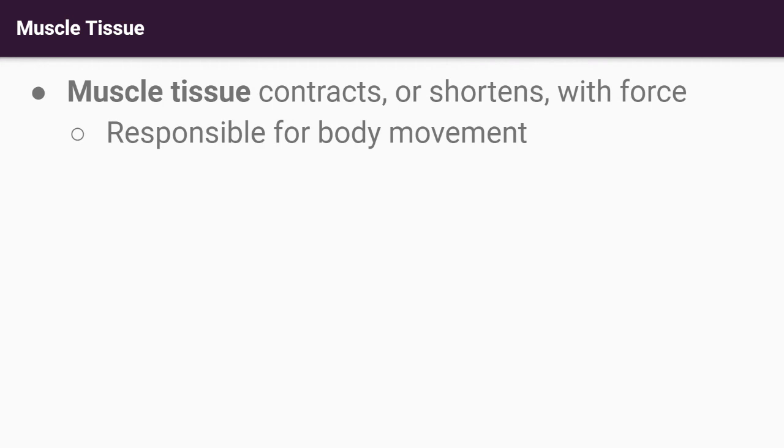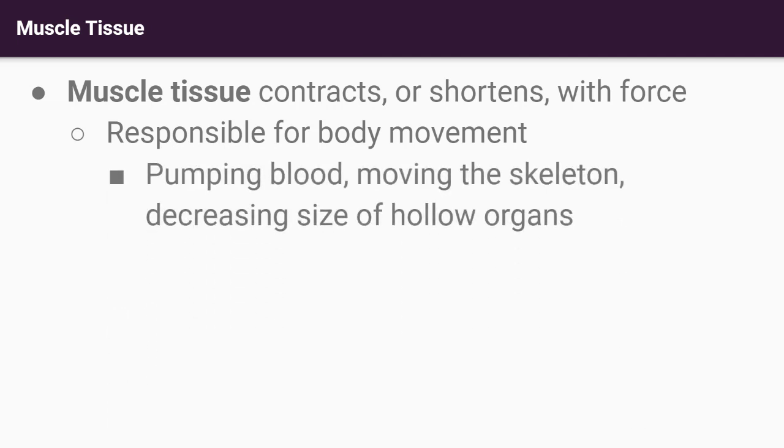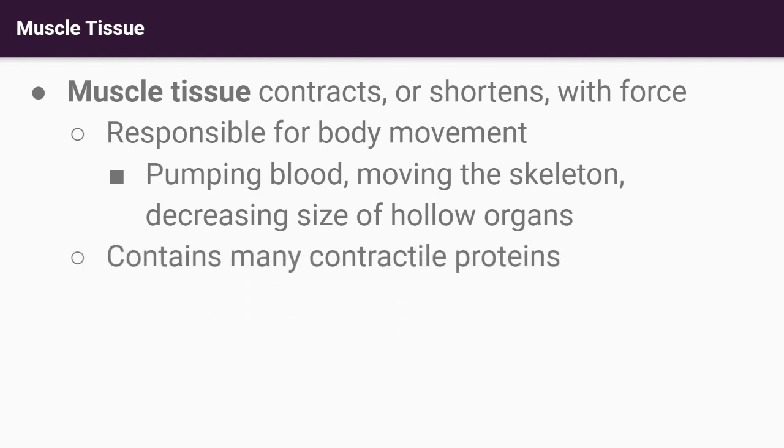For now, just know that muscles shorten and they produce this force and allow our body to move. Not just our body, as far as moving your arms, but it allows your organs to move, allows your heart to move, it does a bunch of stuff for us. So pumping blood, moving the skeleton, within our hollow organs, it's really found everywhere.